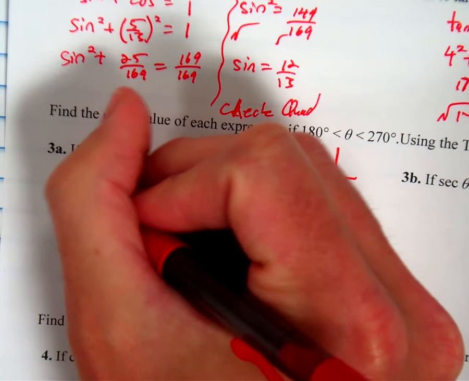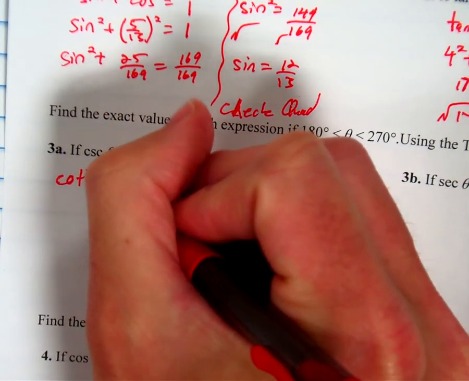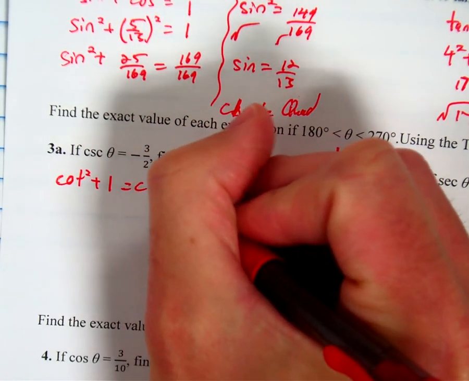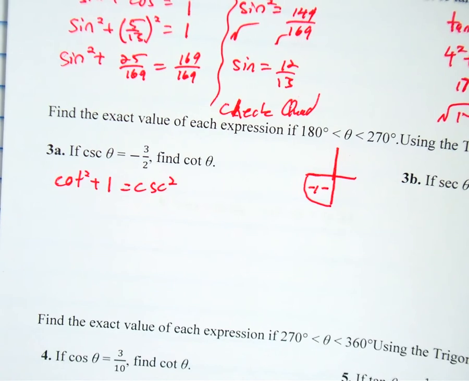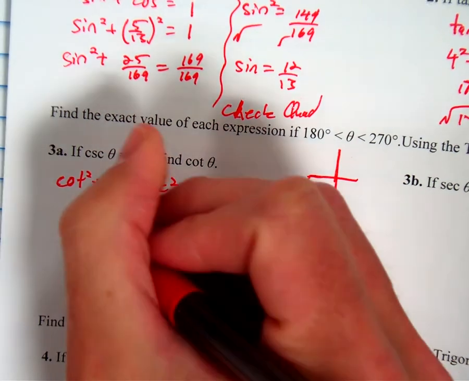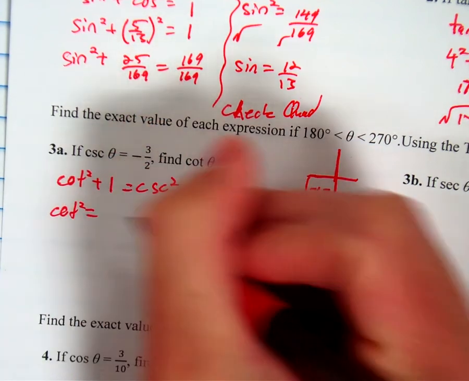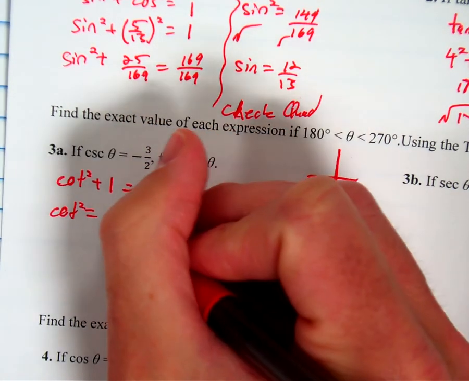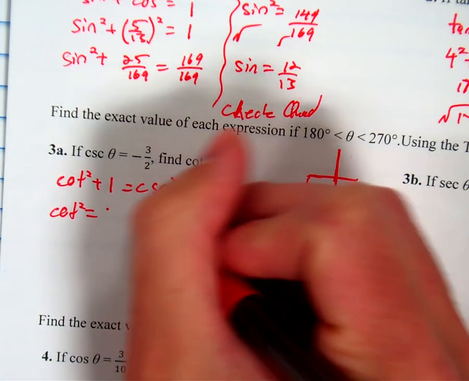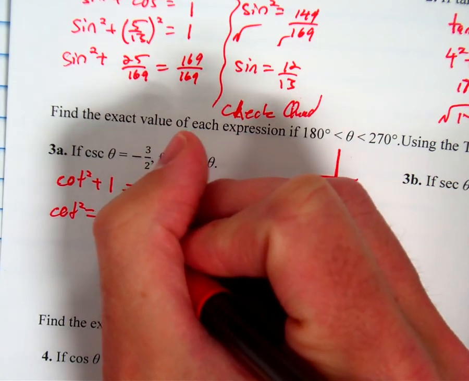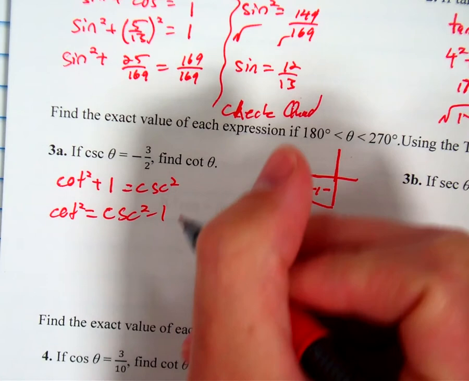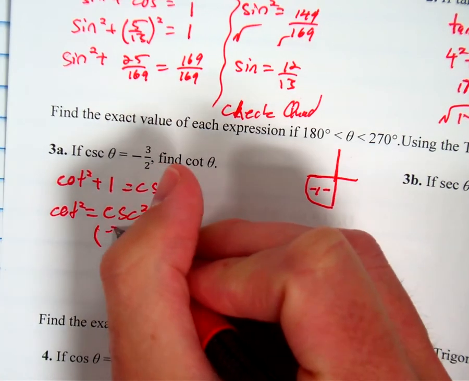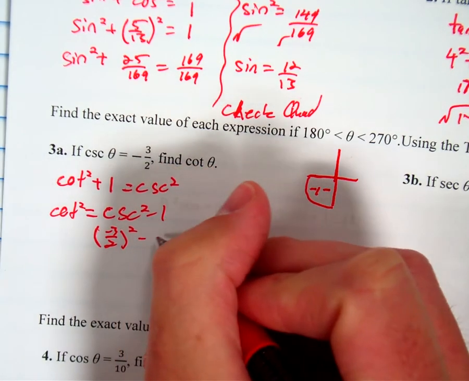So we have cotangent squared plus 1 equals cosecant squared. We'll rearrange that. Cotangent squared is going to equal cosecant squared minus 1. So we got negative 3/2 squared.